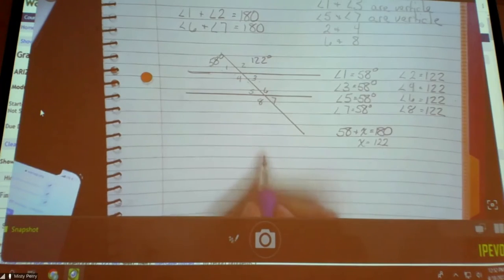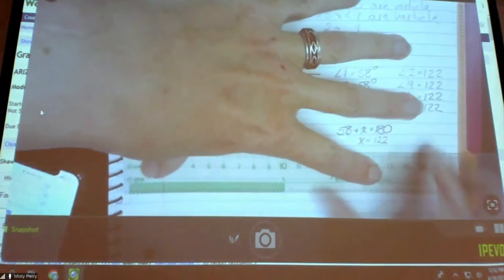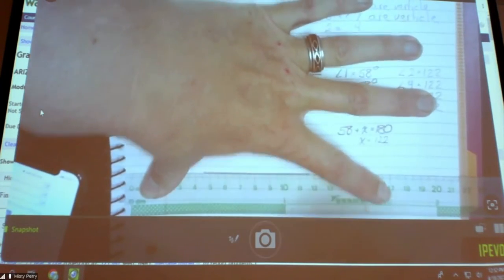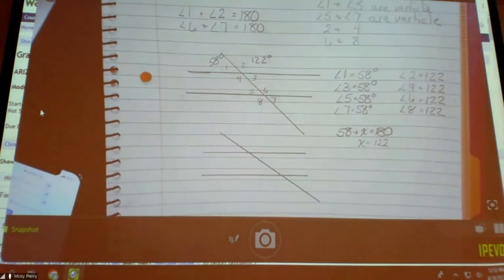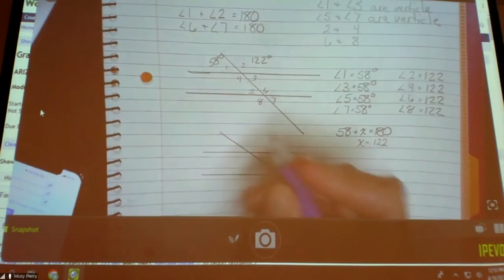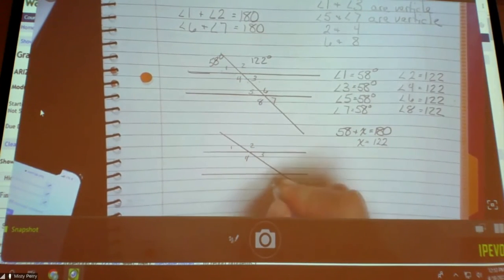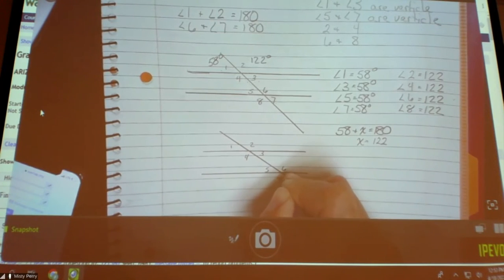I have my transversals. And it says that this is 1, 2, 3, 4, 5, 6, 7, and 8.